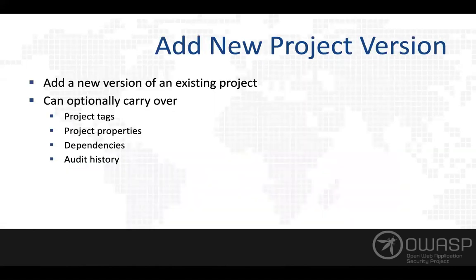One of the new features that made it into 3.3, which is one of the features in version 1.0. So when Dependency-Track was in its infancy back in 2013, there was a feature called clone, and it did what you would think it does. So when you want to create a new version of an existing project, you would clone it, and it would carry over all the dependencies.